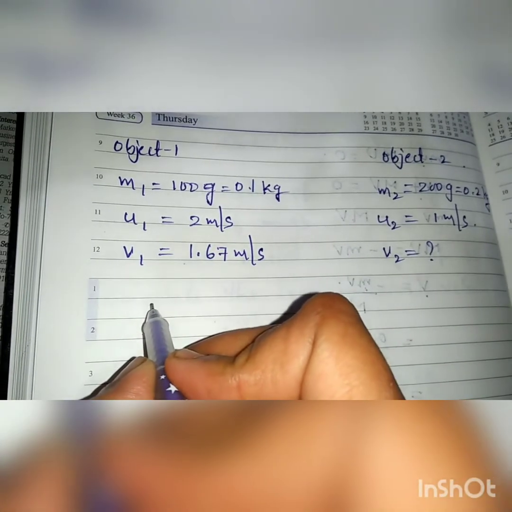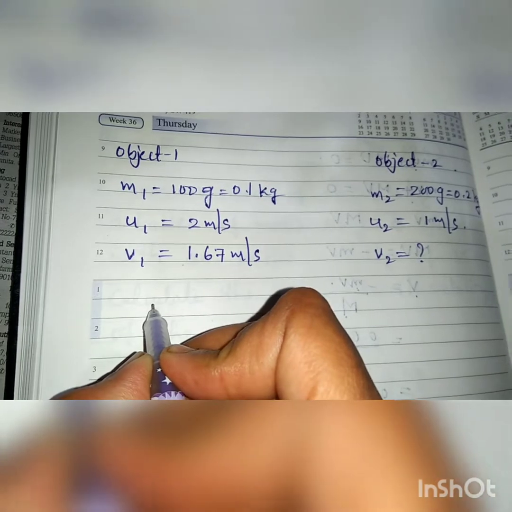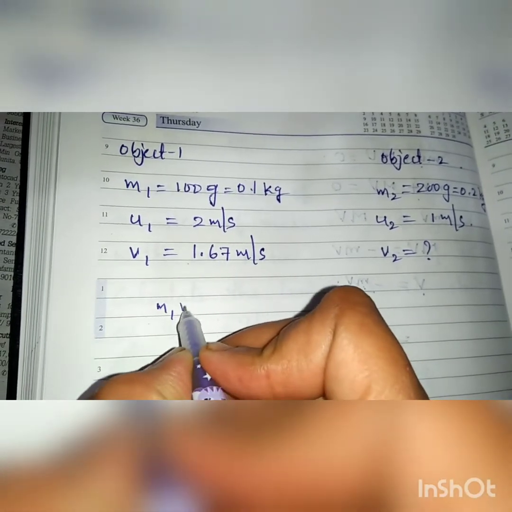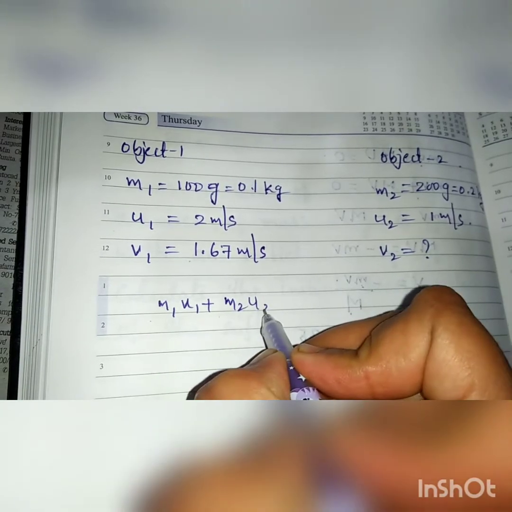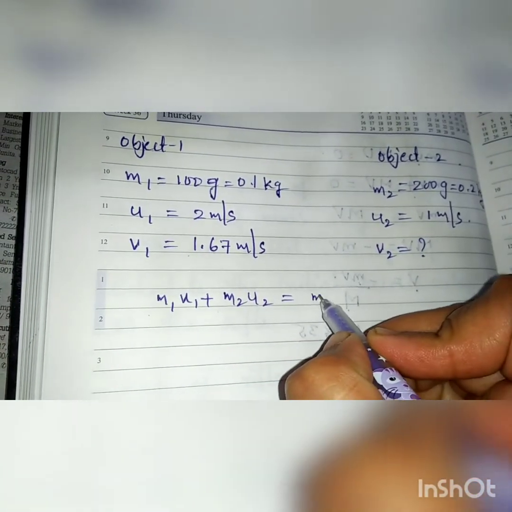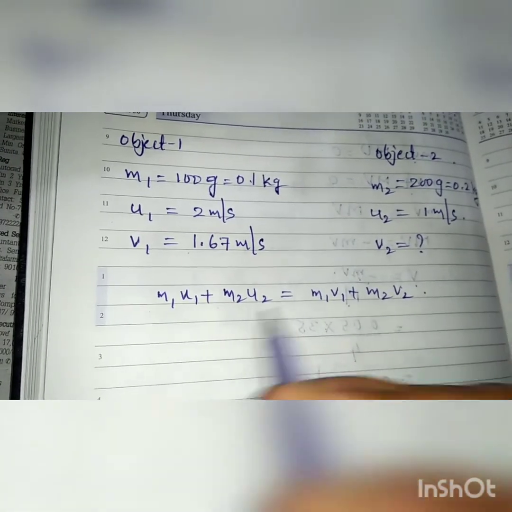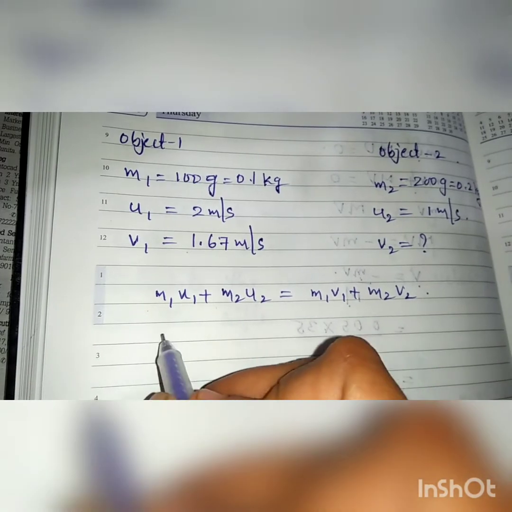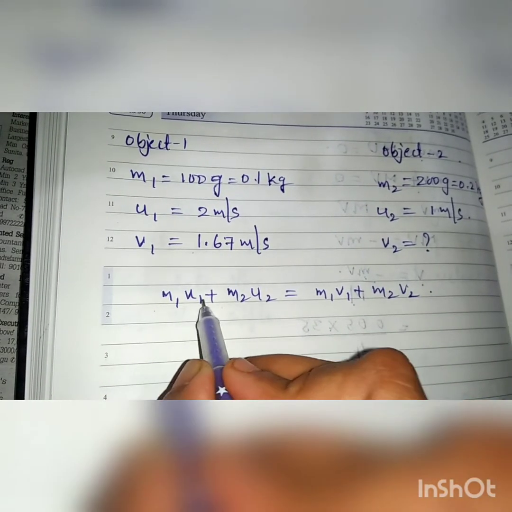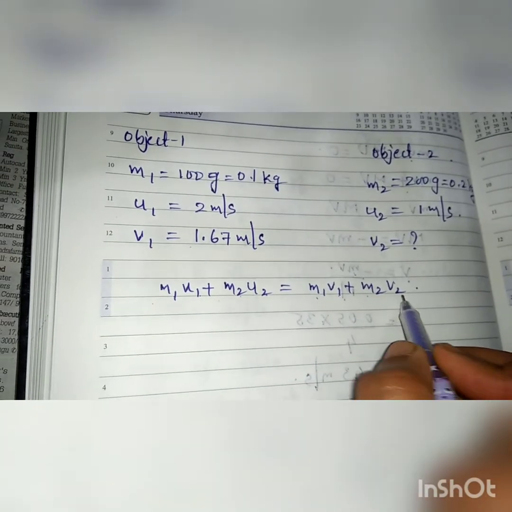We know already from the law of conservation of momentum that m1 u1 plus m2 u2 is equal to m1 v1 plus m2 v2. From this we are going to find out v2.